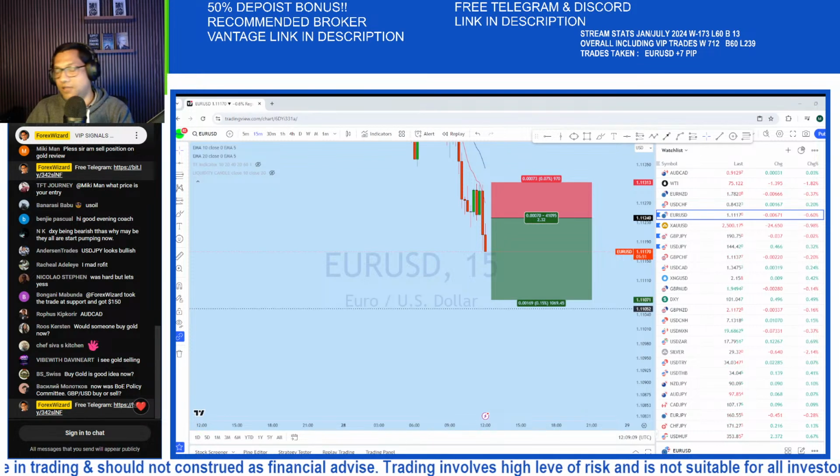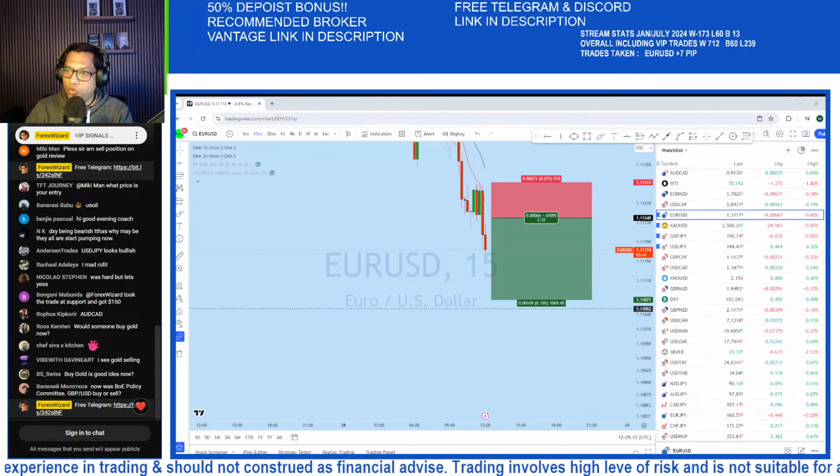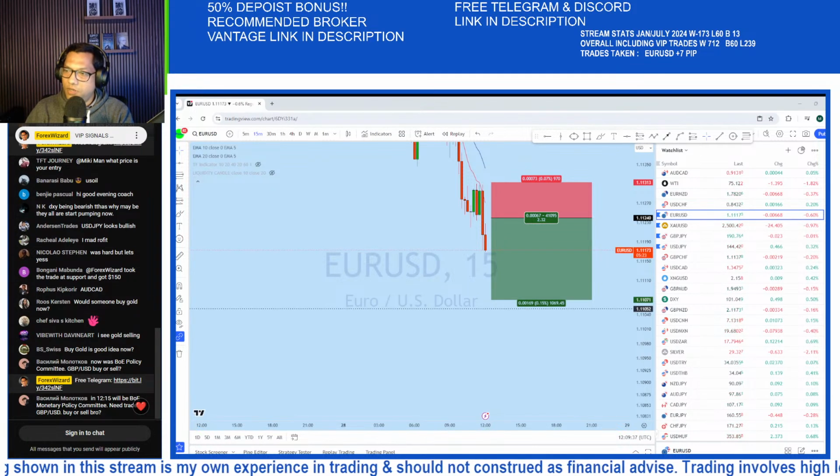Sometimes it can be the other way around as well, because if you constantly look at one pair all the time, you might see a trade which is not there. That can happen. Looking at too many pairs at the same time might also make you confused. So I prefer the middle way.